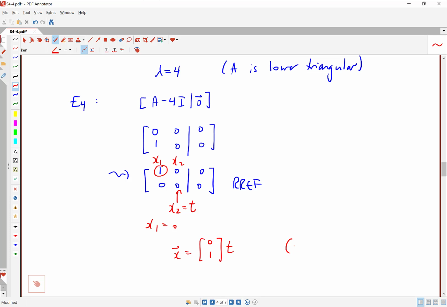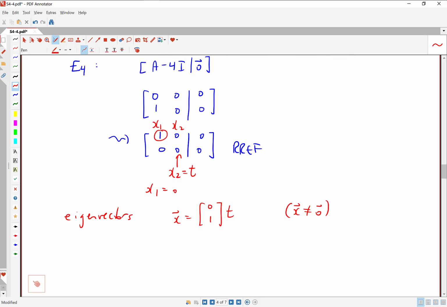If we were just talking about eigenvectors, we would say, well, technically the 0 vector is not an eigenvector, but we usually move quickly on from there and just talk about the basis instead, because it's faster to write down. So for the basis for E4, just pull out all your direction vectors. In this case, there's just a single direction vector, (0, 1).